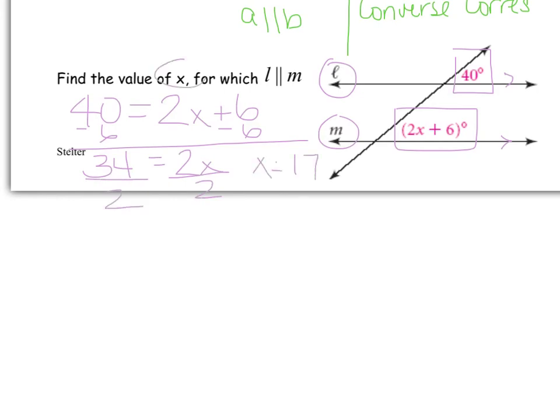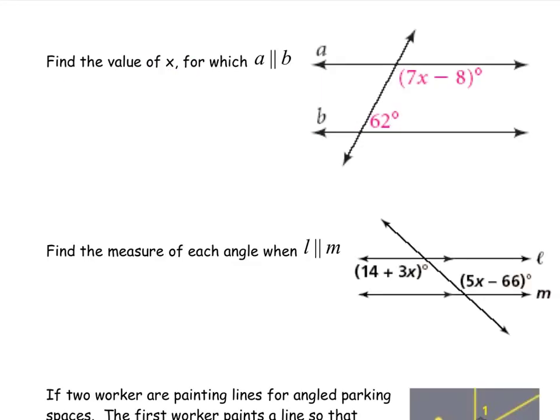And they just wanted the value of x, they didn't want the value of the angle, so alright, on to the next one. Notice with this, you have an obtuse angle and an acute angle, so that at least should tell you don't set them equal to each other. So by process of elimination, you guys should add them up and set them equal to 180, because they're same side interior angles.